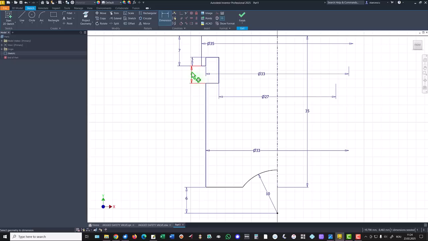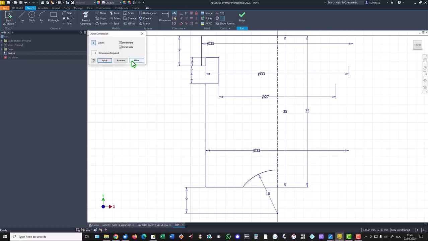The last dimension is, I don't know what is the missing dimension, so I apply auto dimension to see. Oh, 35.